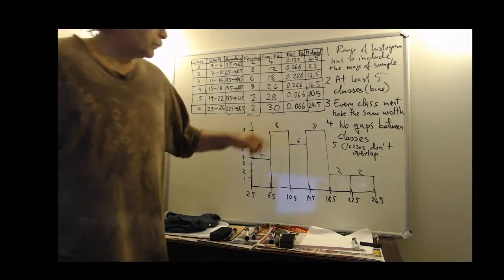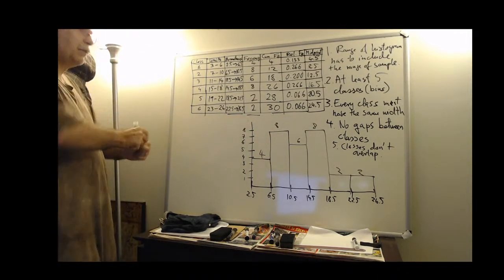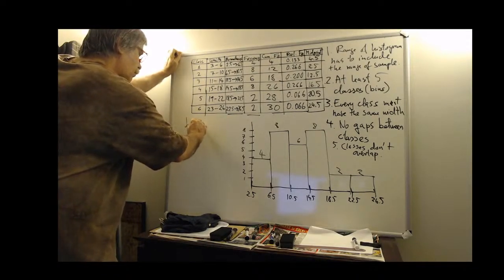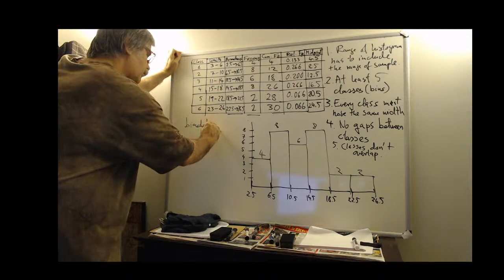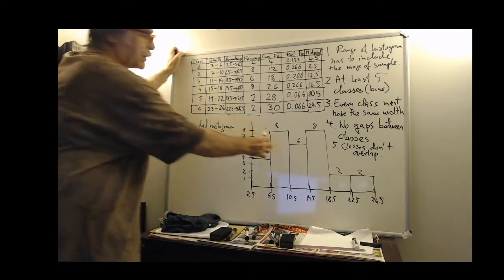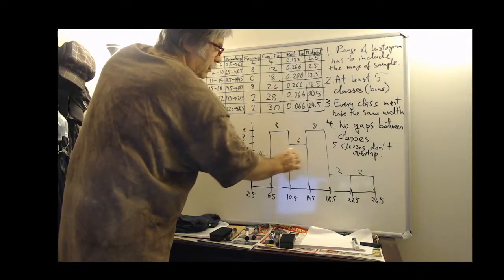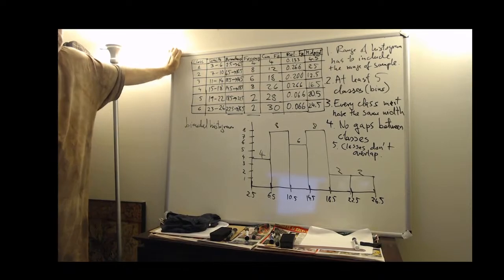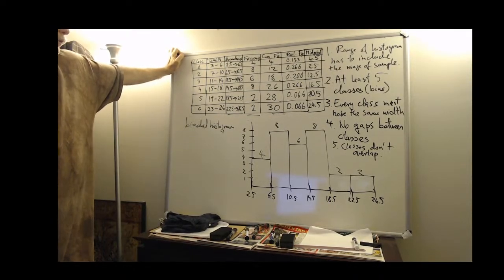This is called a bimodal histogram. Why is it bimodal? Because it has two highest classes. They don't have to be equal. They just have to be like two mountains with two tops. Then it's called bimodal.